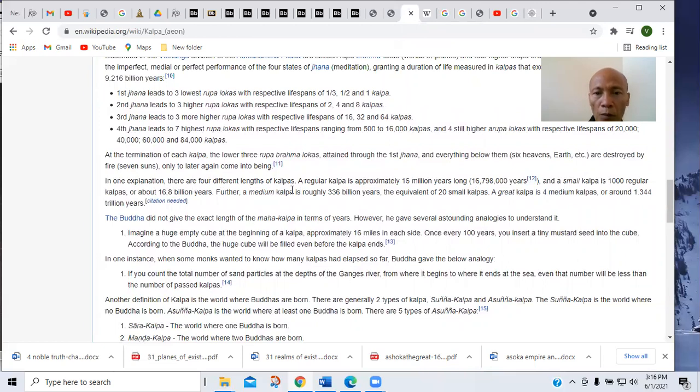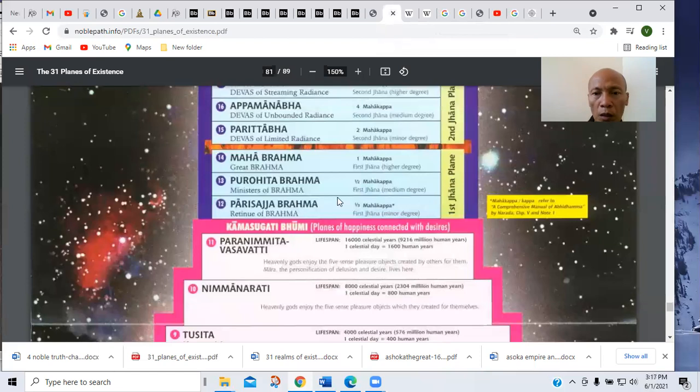A medium kappa is roughly 336 billion years, equivalent to 20 small kappas. A great kappa is 4 mediums, that means 1.344 trillion years. So to go back to this god, they lived to one third of a Maha Kappa.